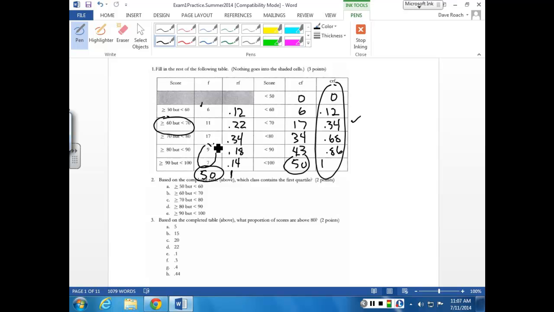I don't think there's an answer on there. That answer should be 0.32. Even if it's not on there, that's what it is. I have 16 values divided by 50.